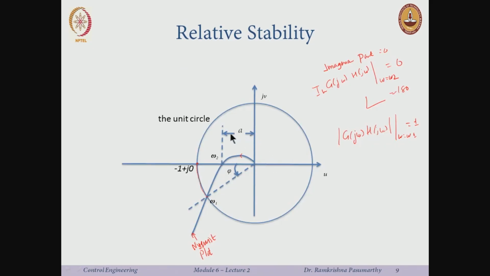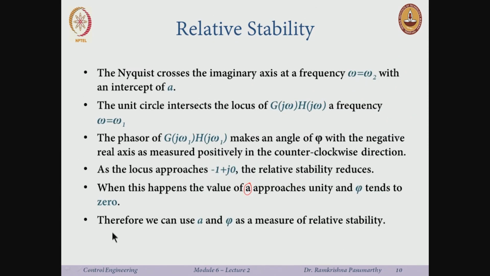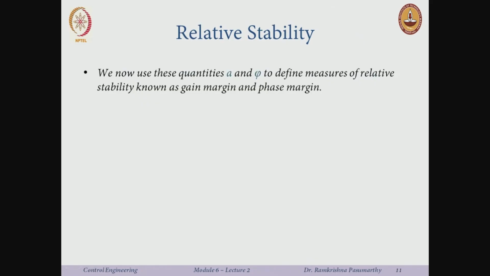So, A approaching 1 would be bad news for me. In a similar way, phi approaching 0 will also be bad news for me, okay. So, therefore, we use A and phi as a measure of relative stability, okay. So, we will use these two quantities A and phi to define the measures.